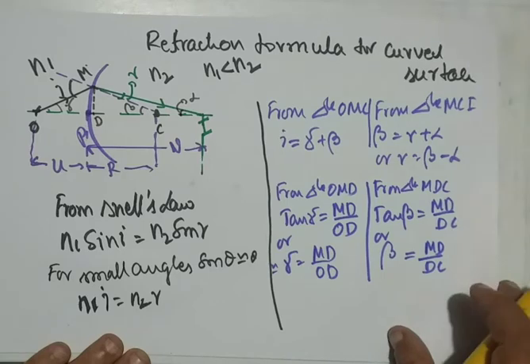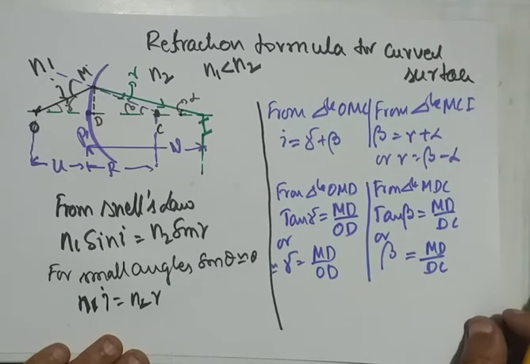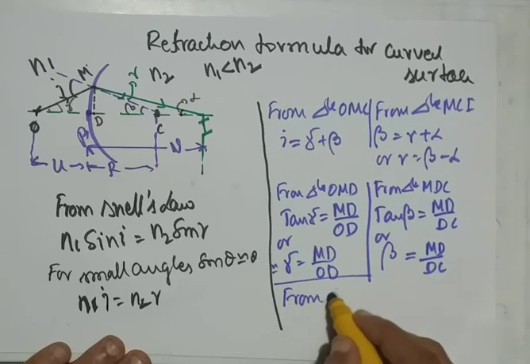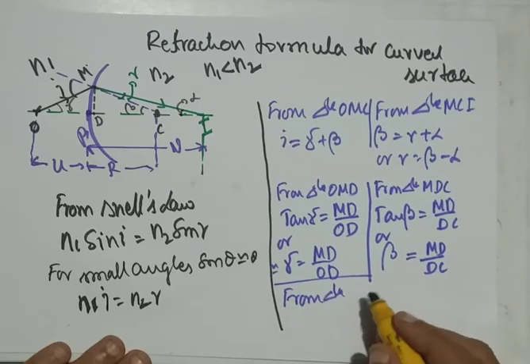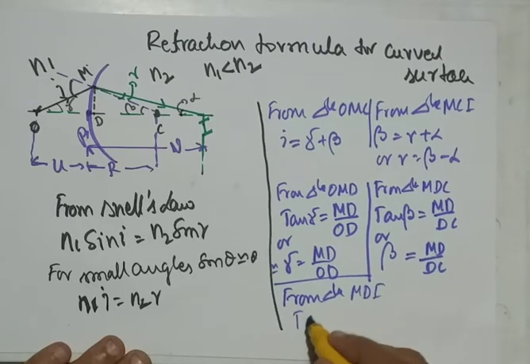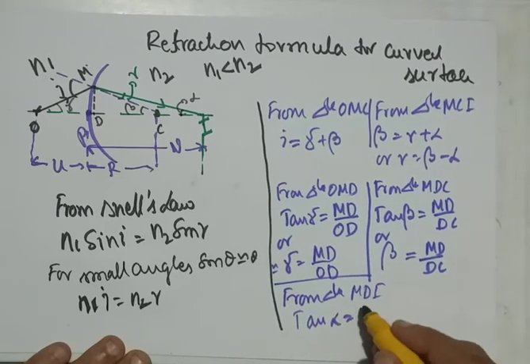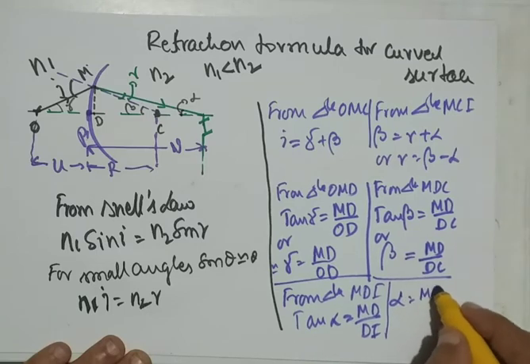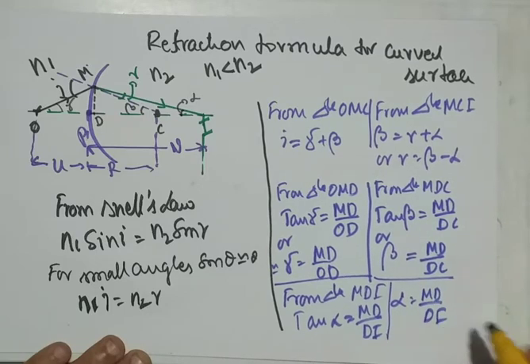Similarly, from triangle MDI, tan alpha equals MD by DI, or by small angle approximation, alpha equals MD by DI.